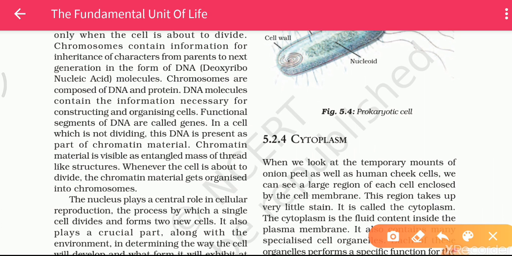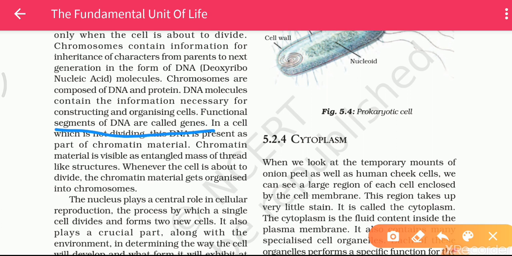DNA molecules contain the information necessary for constructing and organizing cells. The functional segments of the DNA are called genes. DNA can transfer the characters from parents to the offspring, and the functional segments of DNA are called genes. We can see that genes are the unit of heredity, and the genes are arranged in a linear fashion over a DNA.